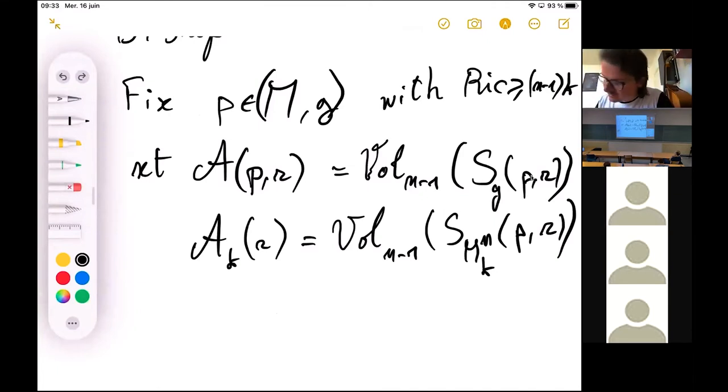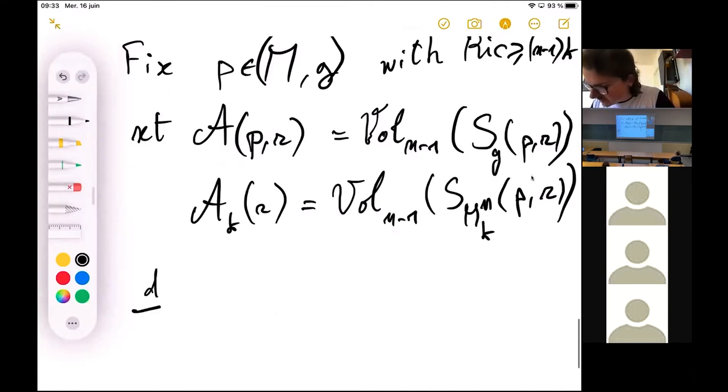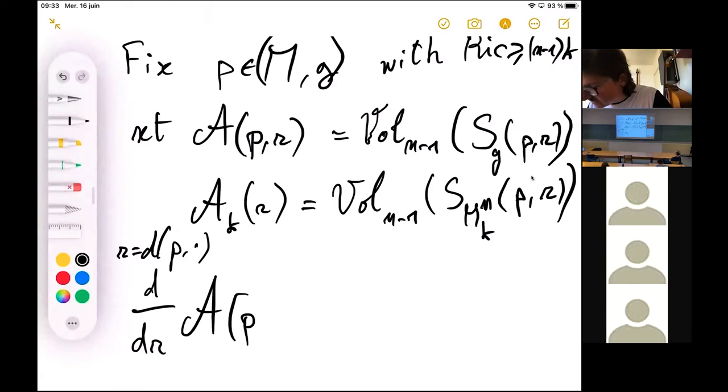So let's write it down. Consider r also as the distance function from p to some point, and we want to compute the derivative of this area of distance spheres.